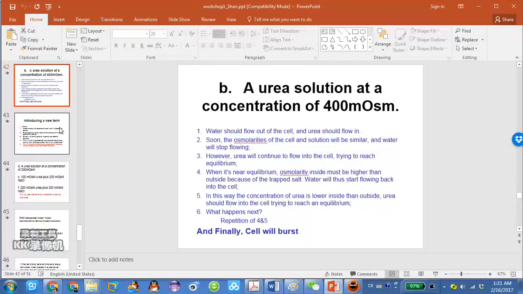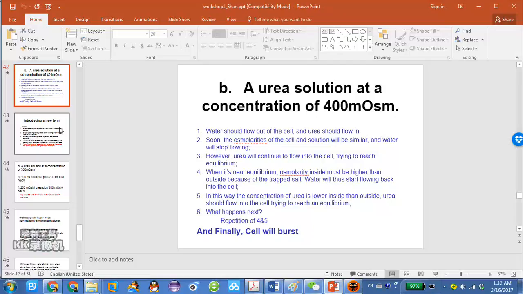If you think about it, consider the starting point and the ending point. At the starting point, water may move outside the cell to reach a temporary osmotic equilibrium. But the ending point is when the urea diffuses into the cell and has the same concentration both inside the cell and outside the cell.